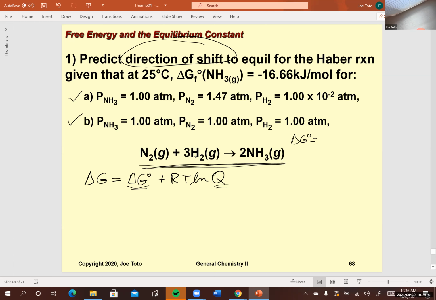Now, delta G0, we know that we can look those up, or we can use that equation that we just introduced. Remember, it was the summation of the delta G of formations of the products times their stoichiometric coefficients minus the reactants.